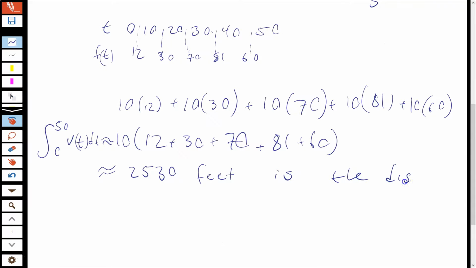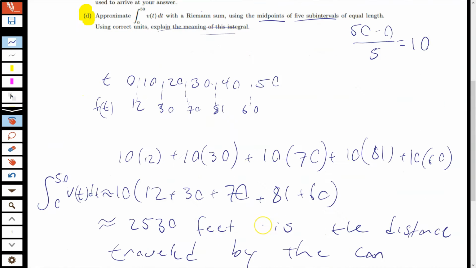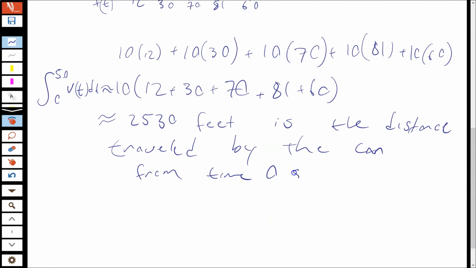So this is the distance traveled by the car, and then we're going to say a time as well, because I could easily give you the integral from 30 to 50, a different subinterval. We'd get a different result, and it would have a slightly different meaning. So the distance traveled by the car from 0 seconds to 50 seconds.